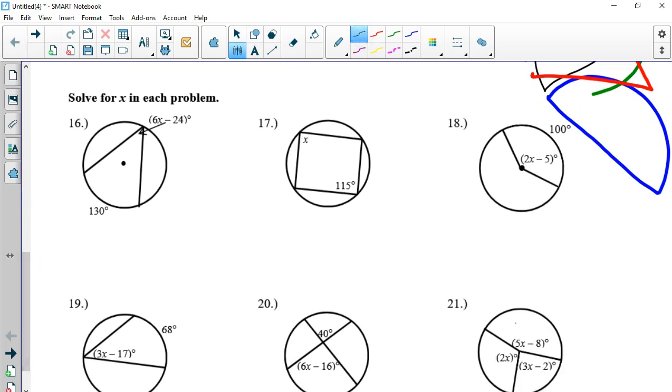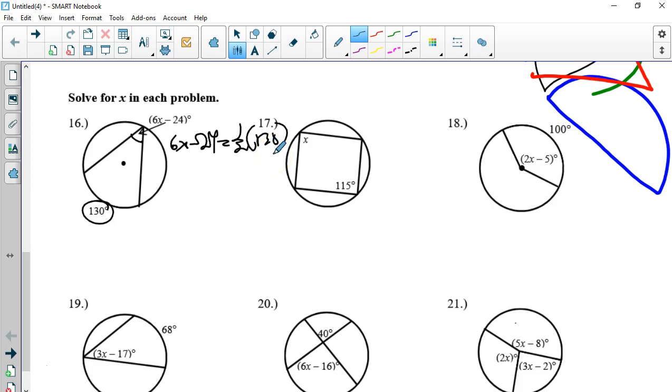Solve for each problem. Like what we just did on a couple of those, an inscribed angle. This angle here is equal to half of this. Now you have two choices. You can just take half of 130 right away, or you can say 6x minus 24 equals half of 130.